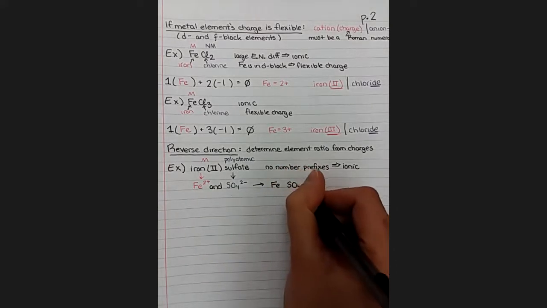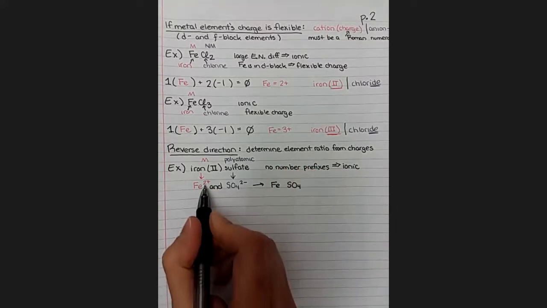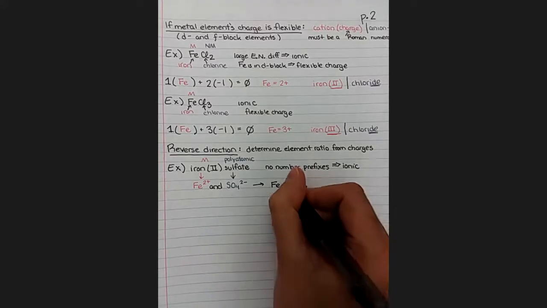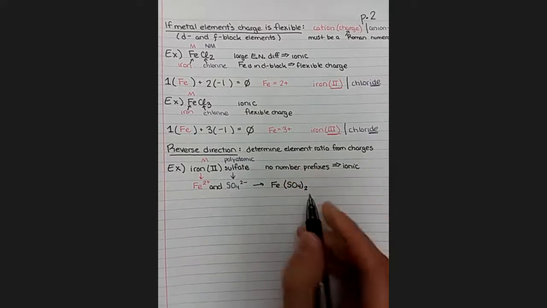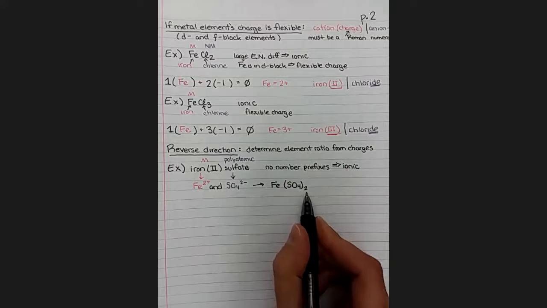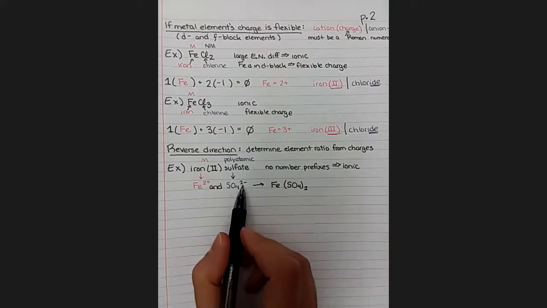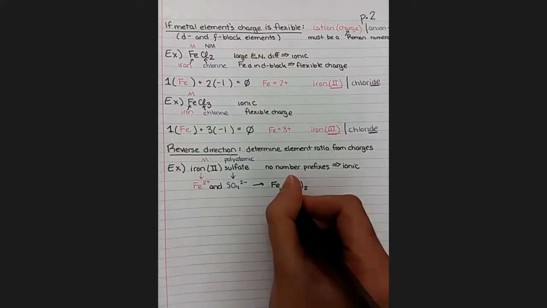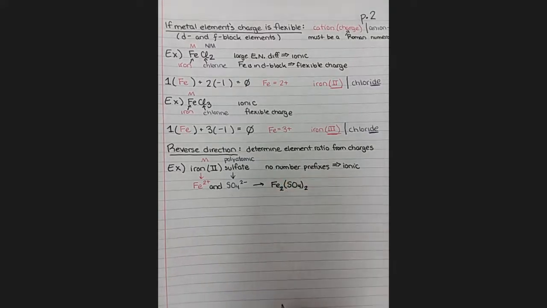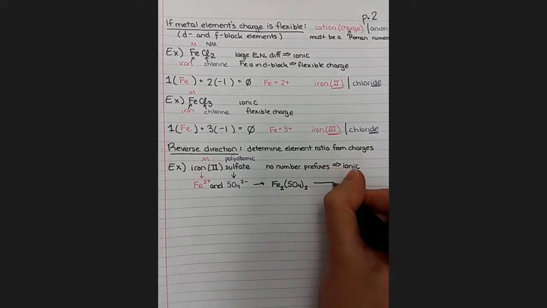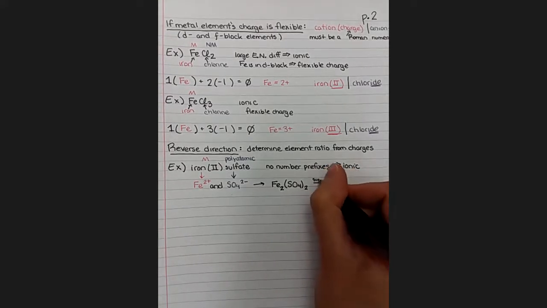So we take our 2 ions and we take the charge on the cation and we put it next to the anion, being careful to leave that in parentheses so we don't mix up the number of oxygens with the number of ions. And we take the charge of the anion and we put it as the subscript for the cation. So we've got Fe2 and (SO4)2. And remember that case that we said where sometimes you simplify the ratio if needed?